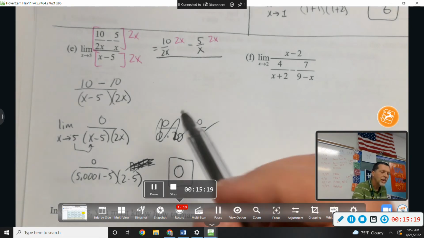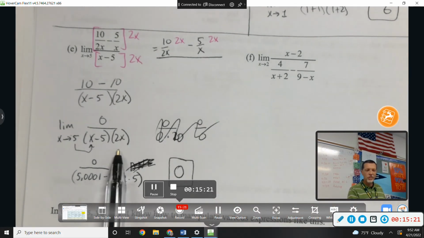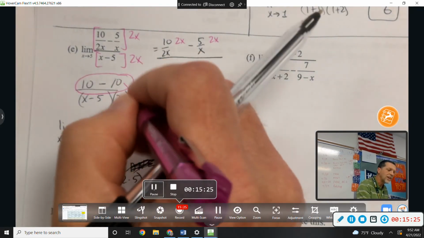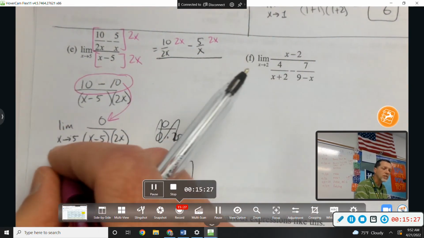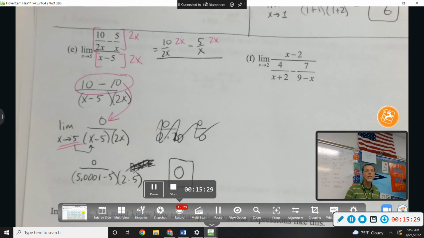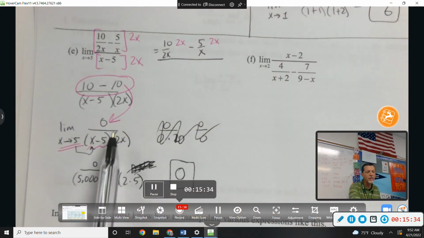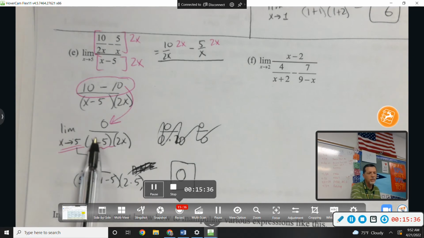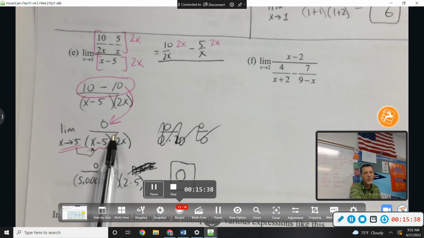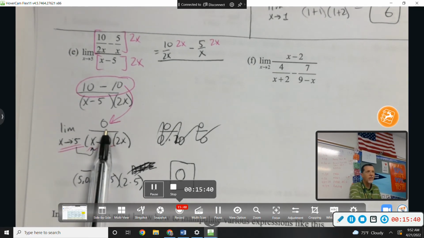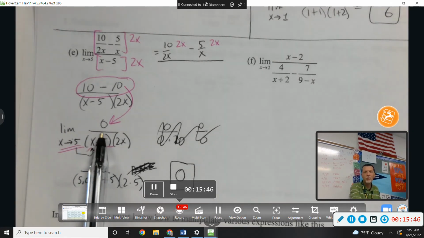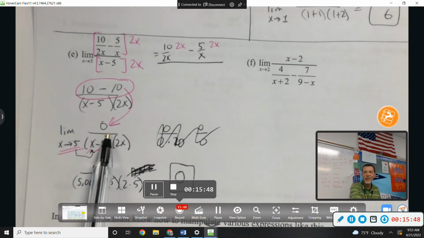Because this wasn't close to 0 over close to 0. It was like 10 minus 10 is definitely 0, regardless of what this limit is. The bottom is getting really close to 0, but it doesn't really matter if the top is a definite, hard, unchanging 0. Not absolute 0 like temperature, but it's a 0, not almost 0.